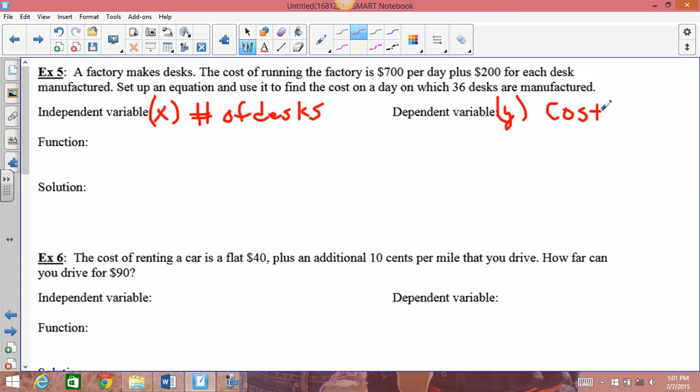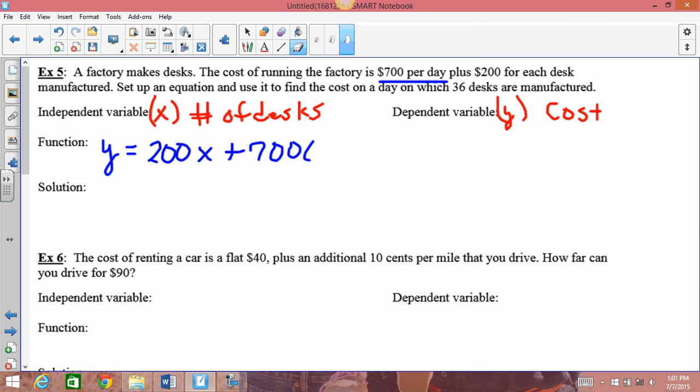So my function then, always y equals, how much is the cost changing? $200 for each desk, so 200x, and an initial cost of $700 per day. That would be my function. Oh, just 700. Oops.